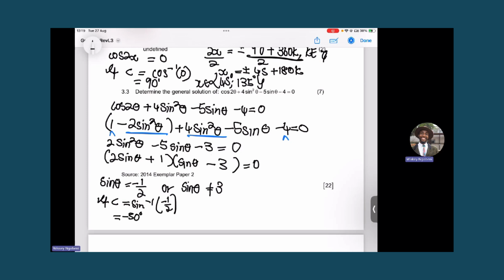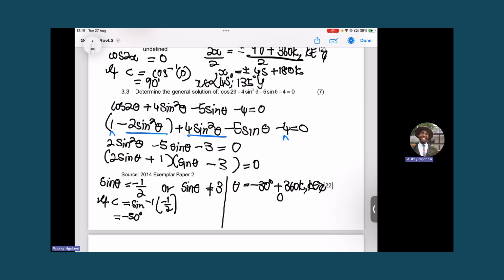And then from there, you use the formula for sine, right? The formula for sine says your angle is equal to the reference angle plus 360k, k is an element of integers. But that is not the only one you have.